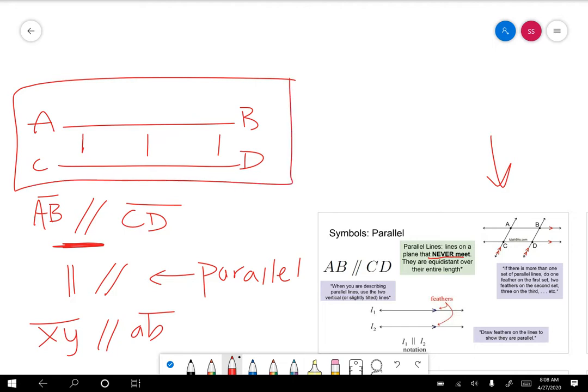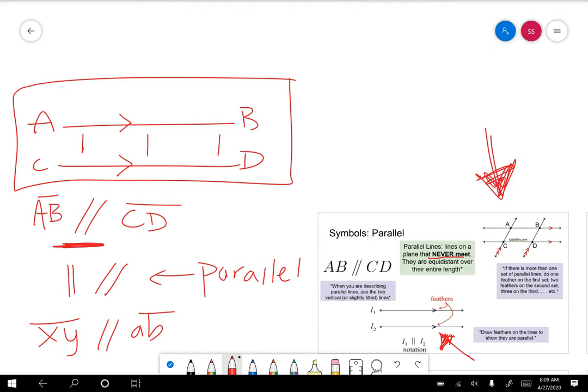If we want to indicate on the lines that they are parallel, we use these little things that are called feathers. They're like little arrowheads, basically. So if we know that AB and CD are parallel, we would just put a little arrow on both of them.